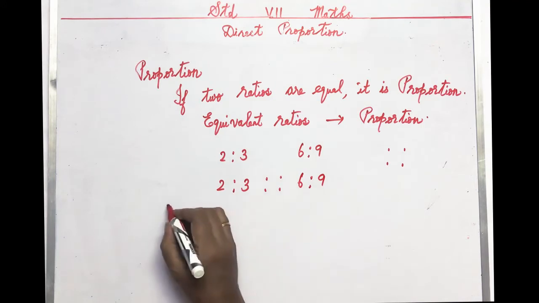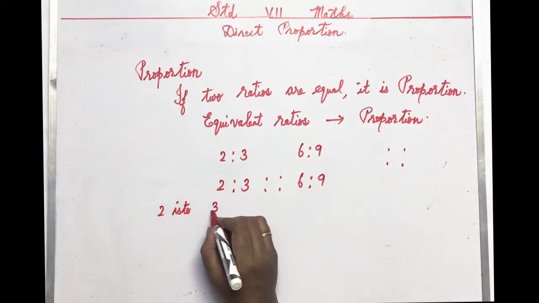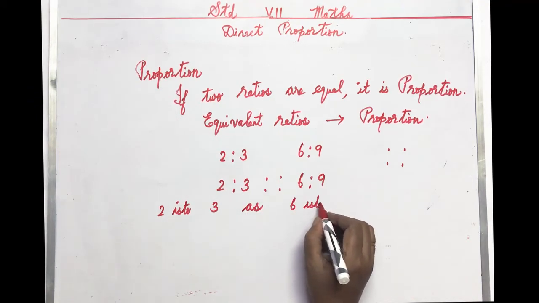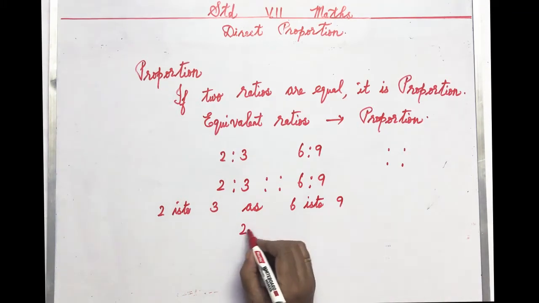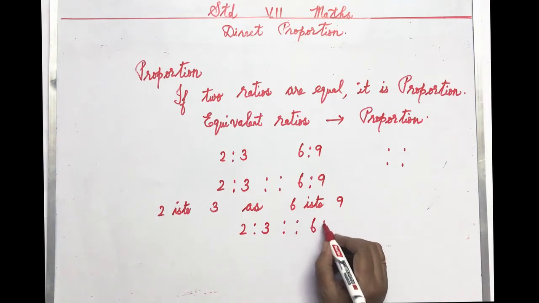And how we will read this? 2:3 as 6:9. Now here in the proportion we have 4 terms.